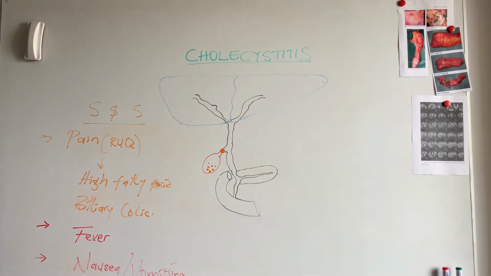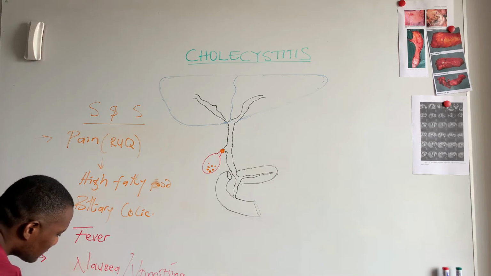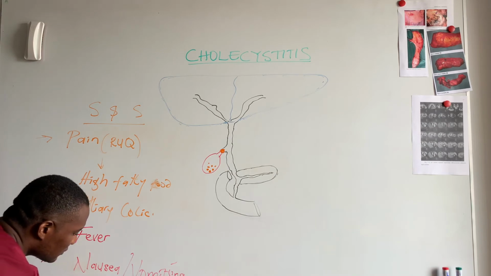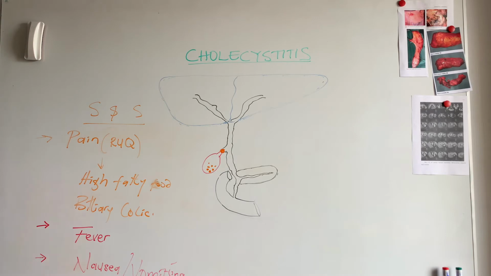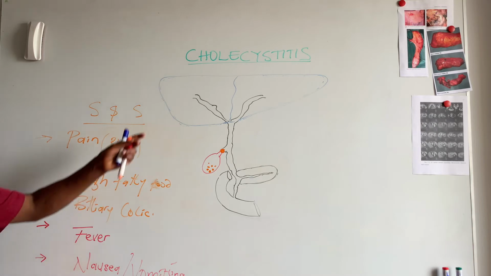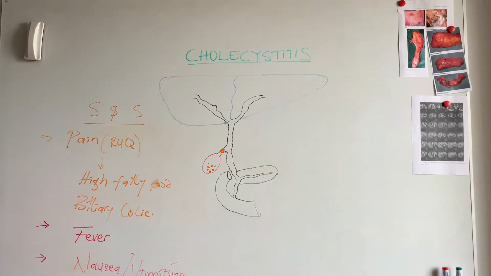So additional signs and symptoms that you may need to look out for is jaundice, or icterus. Jaundice is the yellowing of the skin and the mucous membrane. If your patient has fair skin, you have to look at the skin. If your patient has dark skin, you have to look at the sclera.